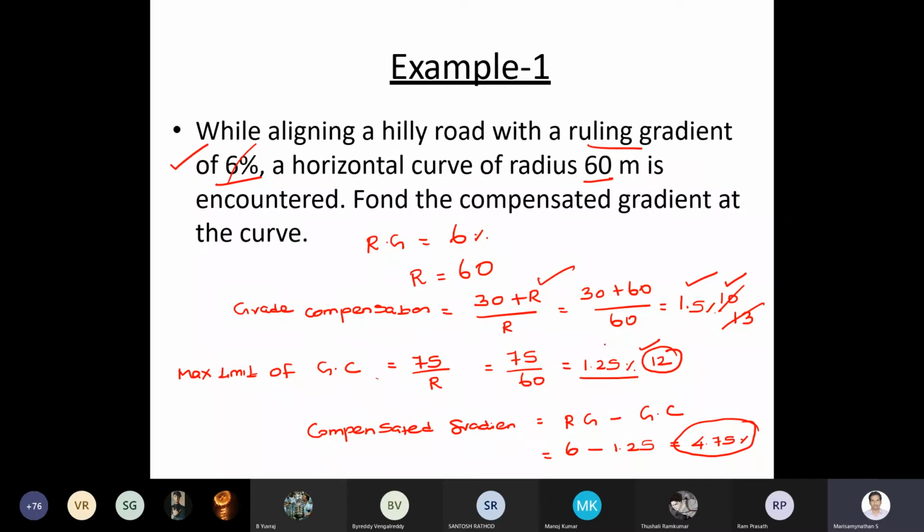For applying the final alignment on the gradient level, we have to estimate the compensated gradient, which is the ruling gradient minus the grade compensation. This is what we are supposed to provide in that particular horizontal curve considering the grade compensation. So this is a simple problem for estimating the grade compensation.